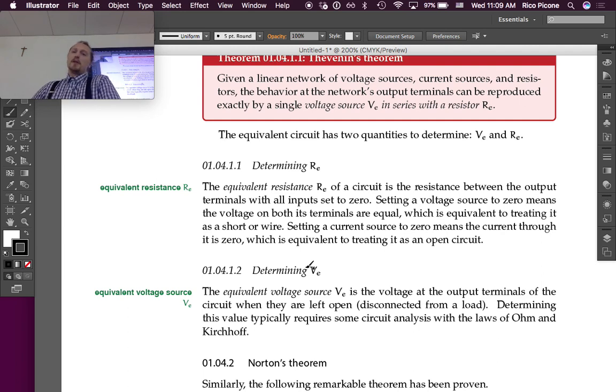So that's how you zero out a current source. And then all that is left is a bunch of resistors, and you have to determine what the resistance is between two terminals. That's just going to be a bunch of series and parallel resistor equivalences, which we know how to do. It's what we're really comfortable with in circuits.